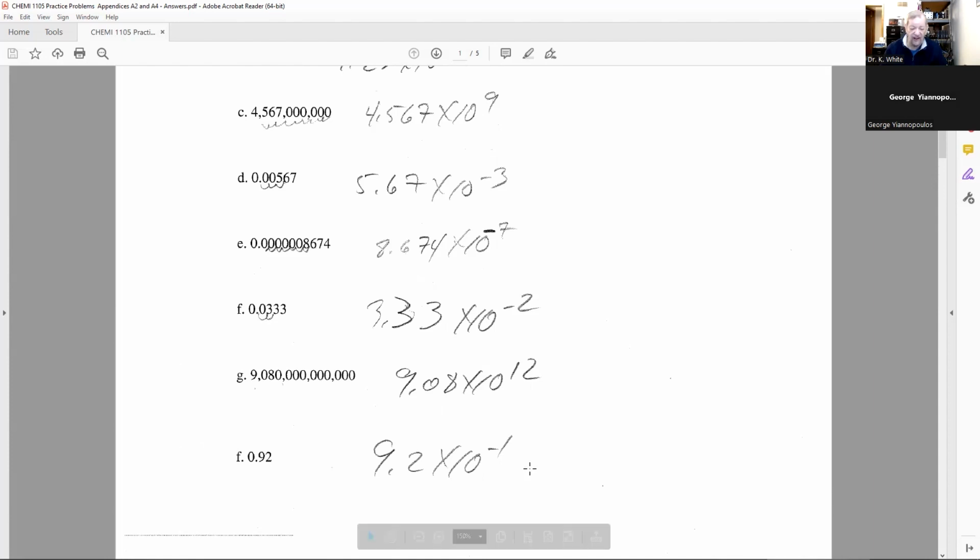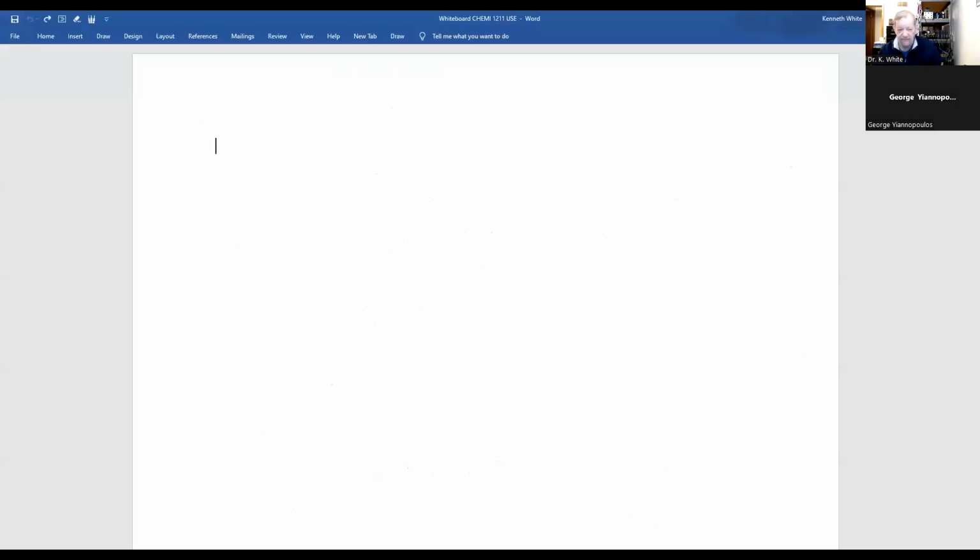And I just noticed I don't have an example, so let me show you one. How would you write this number in scientific notation? Here's my decimal. I'll move it to the right of the first non-zero number, 1, 2.